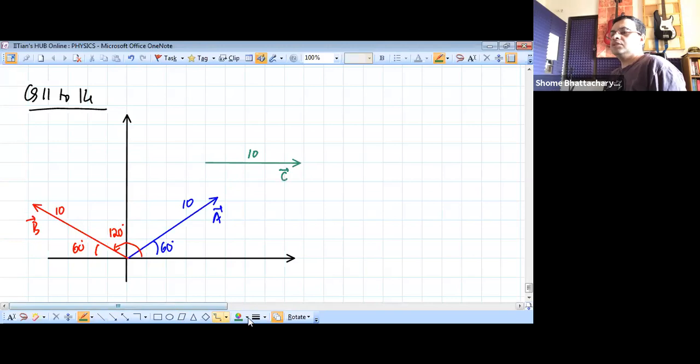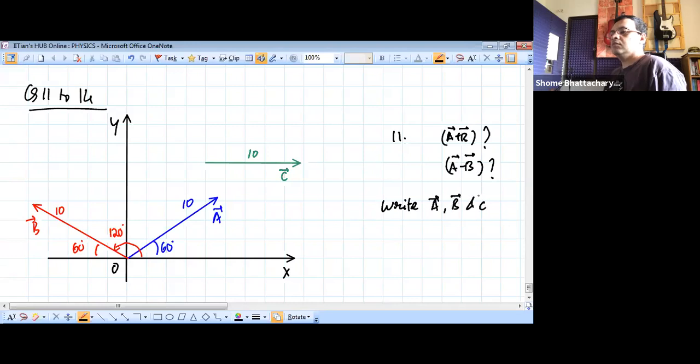So what you do from this is, now for example, you want to check out things like this in question 11, for example, the options you have to check out is A plus B, then A minus B, etc. You have to find out these things. So what we do is write all the three vectors A, B, and C in component form first.